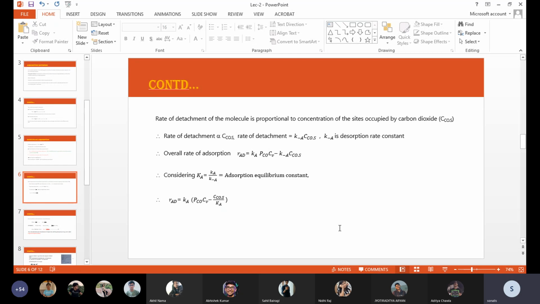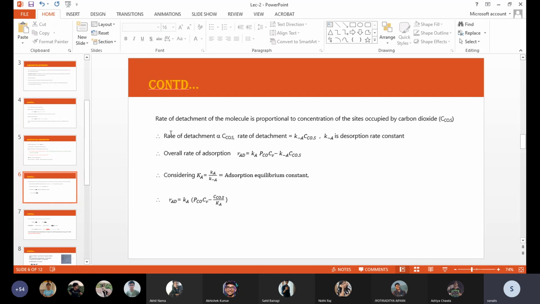Now, after attachment, obviously there is a chance of detachment also, because continuously the molecules impinge on the surface and go out. If it gets more energy, it will go out from the active site.